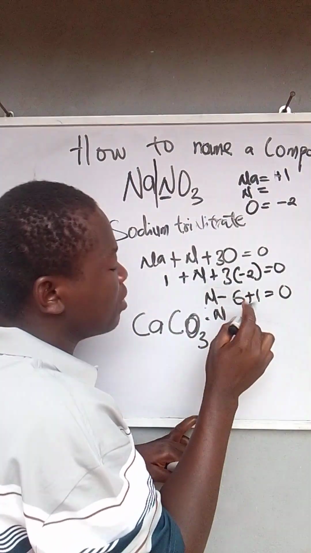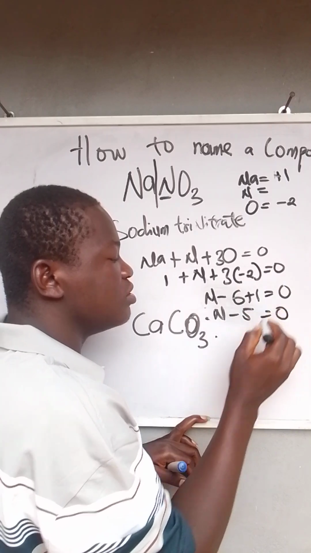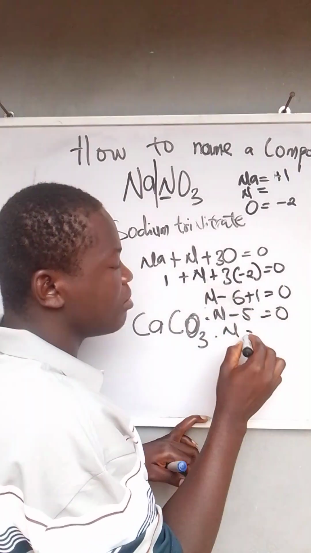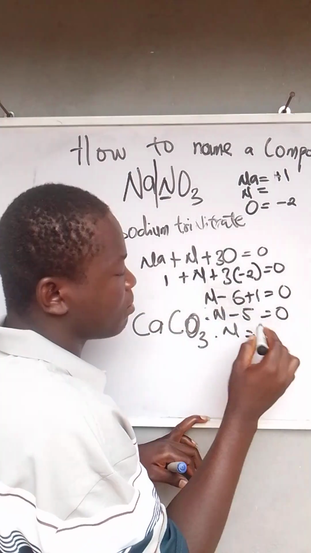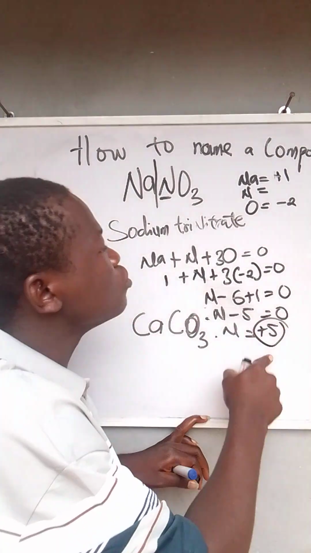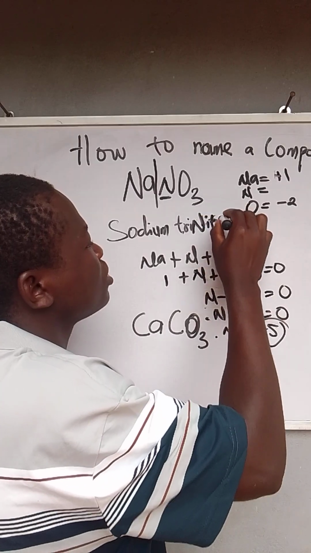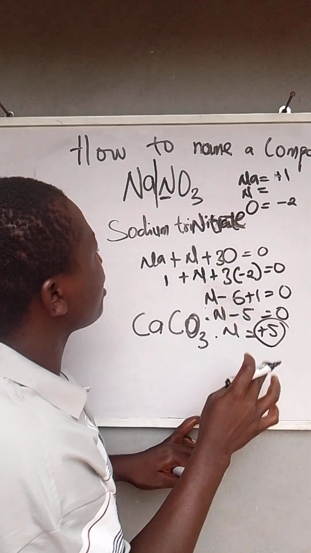So nitrogen will be -6 plus 1, we give -5, equal to 0. Nitrogen will now be equal to, cross equation, +5. This is what we are going to use to complete the naming. Look at how you are going to do it now.